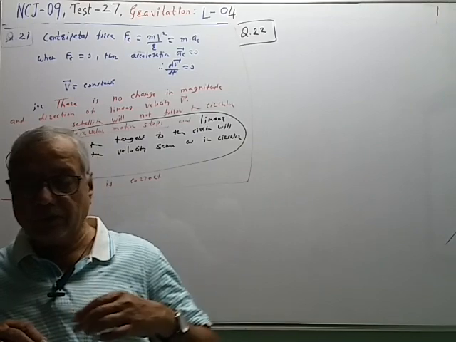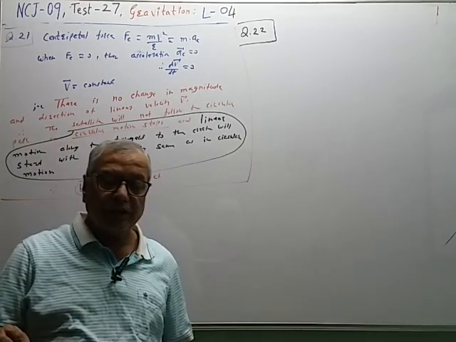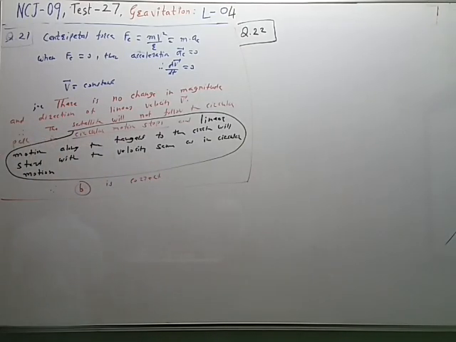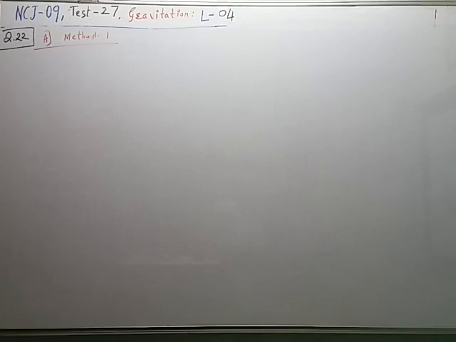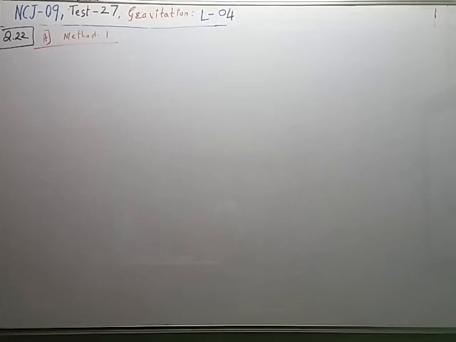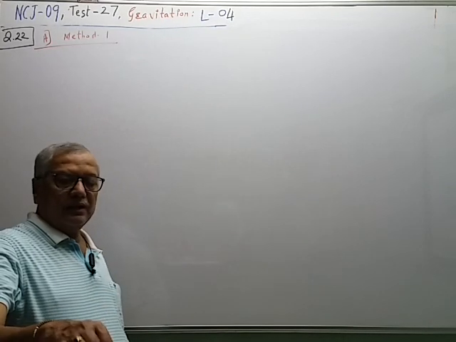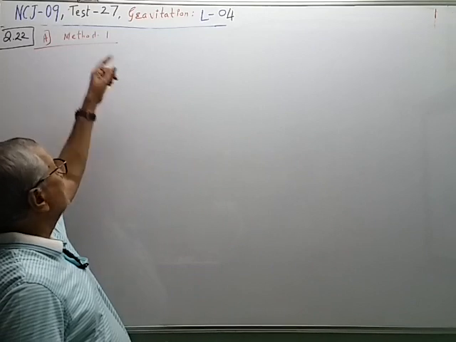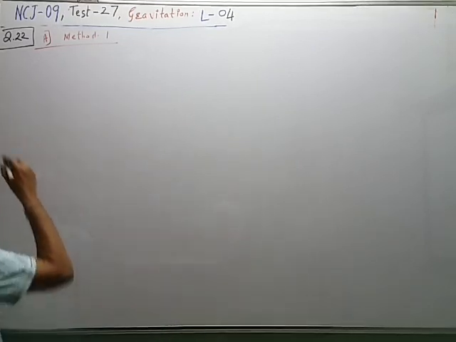So here you can solve the problem by two methods. One is the normal method and the second one is the error analysis method. We will see both methods. Method number 1. What is given?